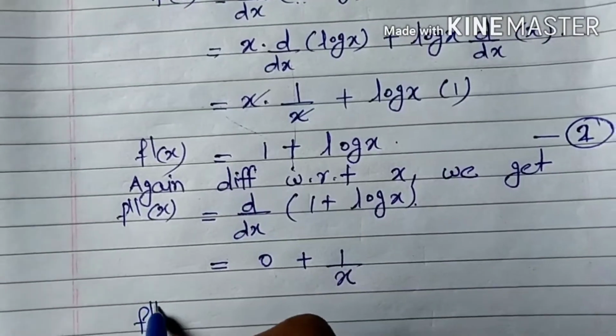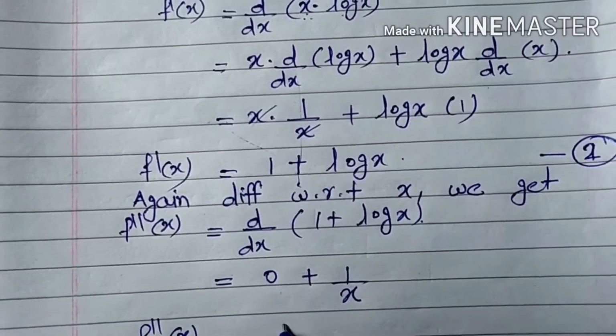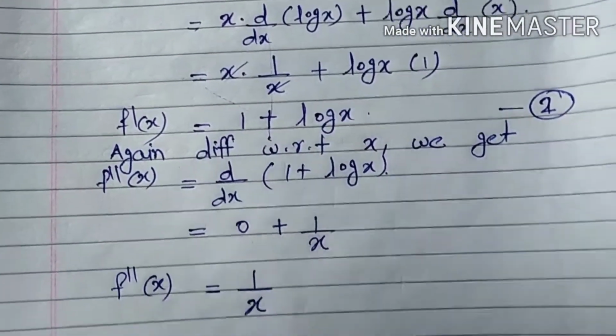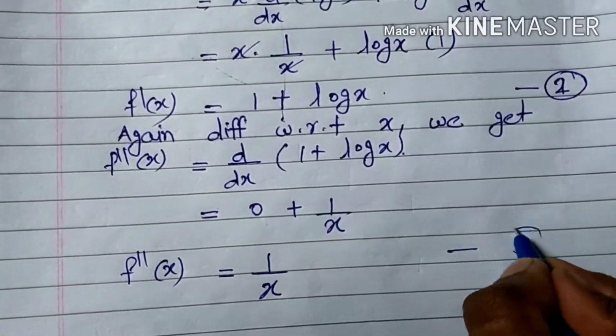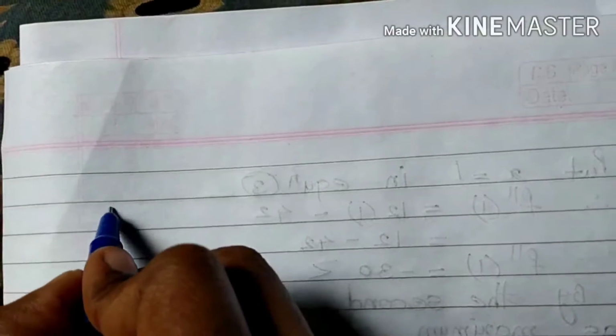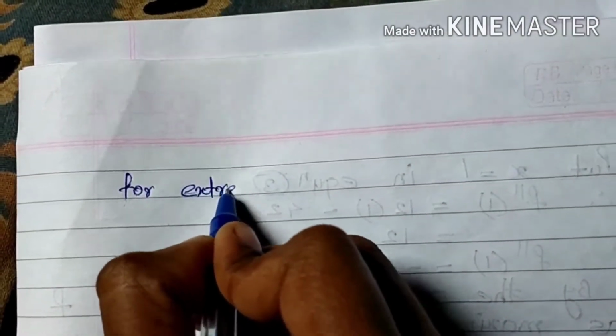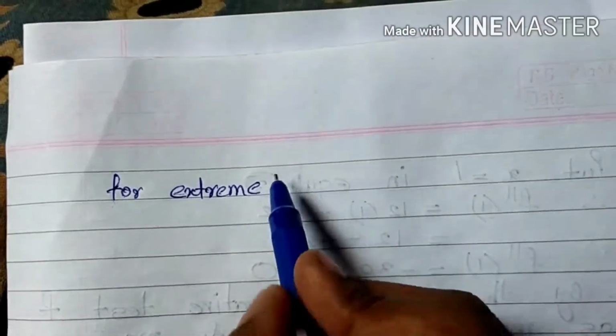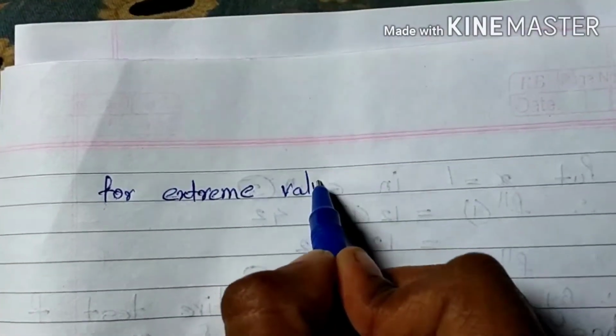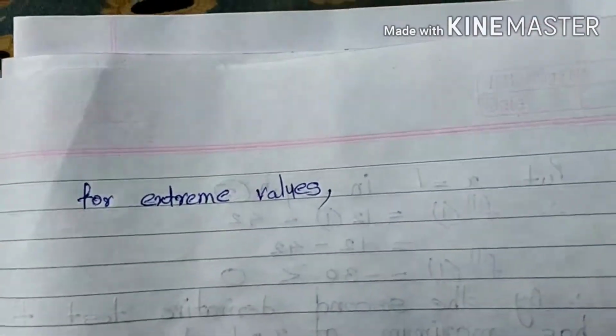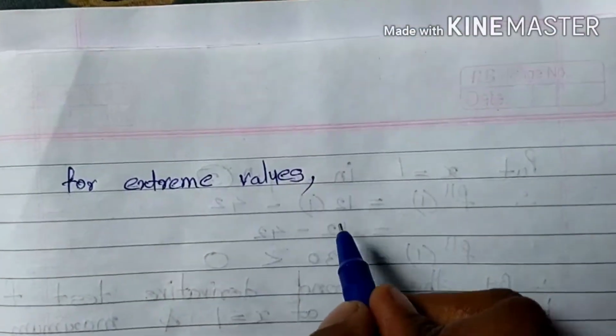So value of f double dash of x is equal to 1 upon x. Give it equation third. For extreme values, f dash of x equal to 0.